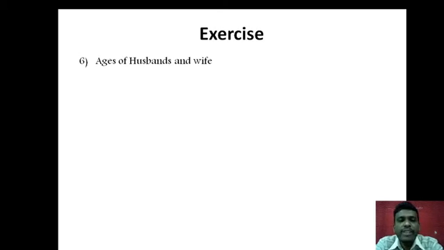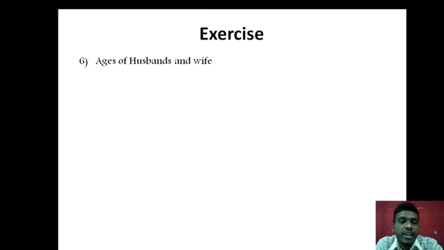The next question. Ages of husbands and wives. So is there a relationship between husband's age and wife's age? If we note down the ages of husband and wife of various couples, maybe husband's age is 30, wife's age might be something. Husband's age is 45, wife's age will be something.